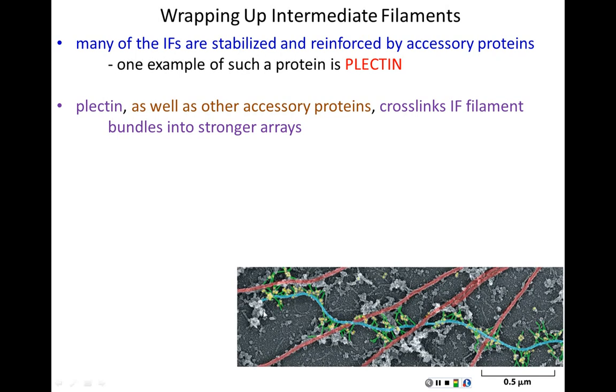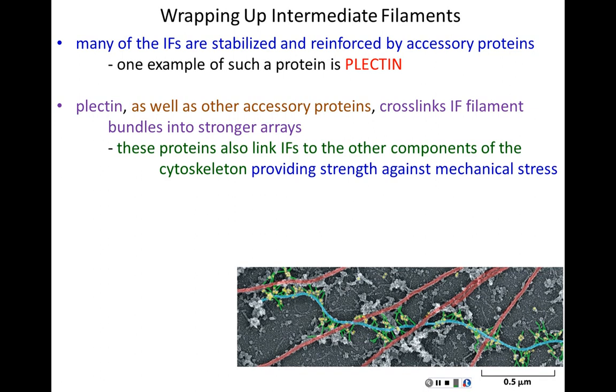So in this diagram here, in red are our intermediate filaments, and notice that they're running parallel to one another. Now they're made like rope, so they're providing a great deal of tensile strength, but they would be even stronger if they were bundled. The plectin in light blue is what's bundling these intermediate filaments, making them more durable, with more strength.